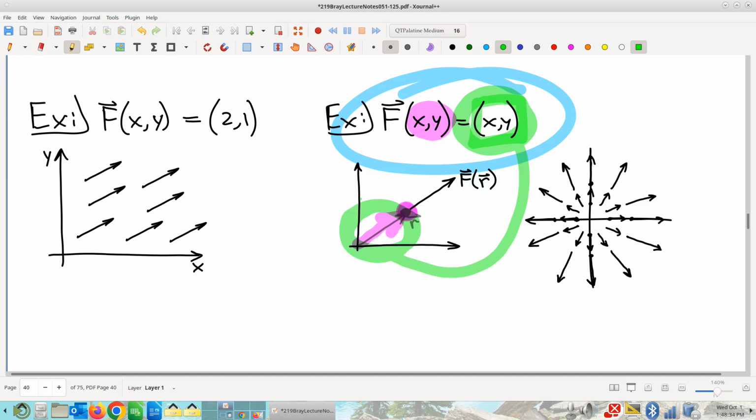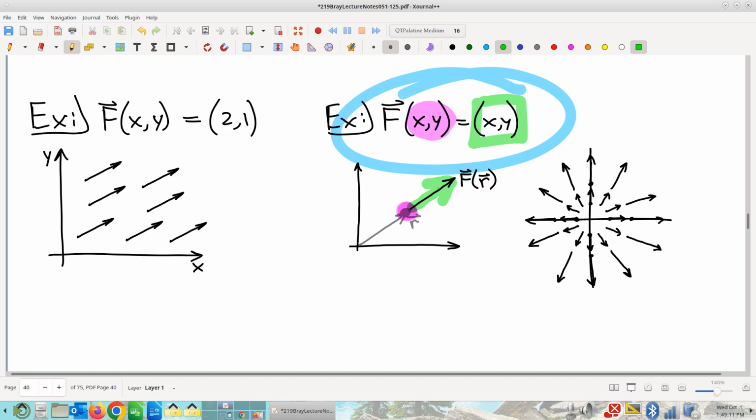The whole idea is we draw field vectors such that the tail is at the point. So this vector that I have in purple, this little arrow here, I'm just going to draw the same vector, same direction, same magnitude, but with the tail at the point. So I get that. And what you'll notice immediately then is that every one of these field vectors is pointing radially outward away from the origin, and such that its magnitude is the same as the distance from the point to the origin.